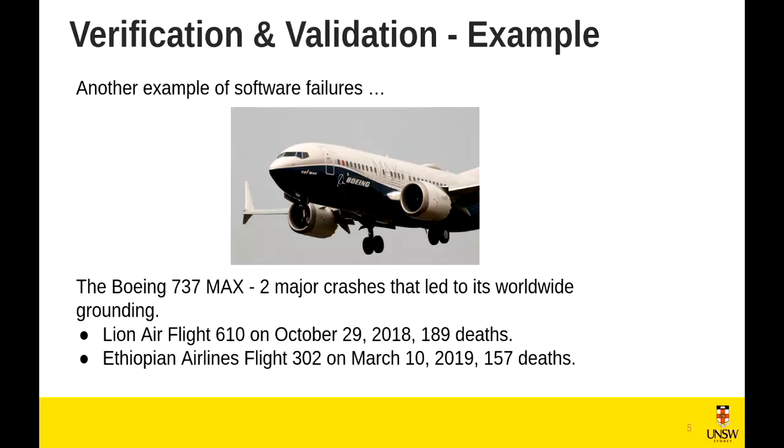It is now grounded, it is not used anymore. There were two major crashes that led to this worldwide grounding. The first happened in 2018, where a plane crashed in Indonesia, and the second crashed in Africa.